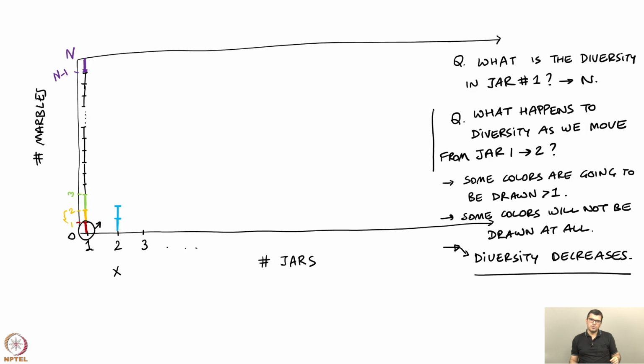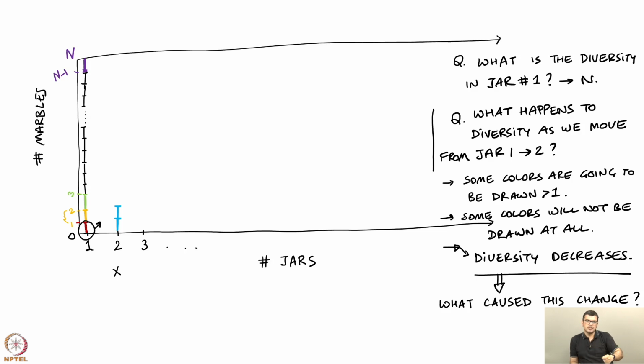What is important to note here is that this diversity is going to decrease with time. I hope it is not too difficult to see that. But what we also want to understand is what caused this change. According to the rules of the game, everybody had a fair chance of being drawn, everybody had an equal chance of being drawn.